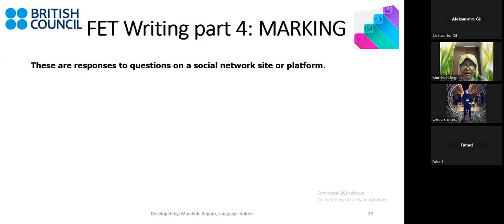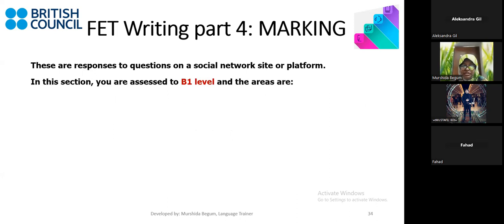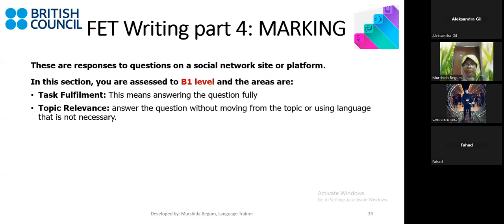Okay, for the marking part, these responses to the questions are on a social network site or platform. So in this section you are assessed at your B1 level, and the first area you're being assessed on is task fulfillment. This means whether you're answering the question completely, partially, or not addressing it at all.